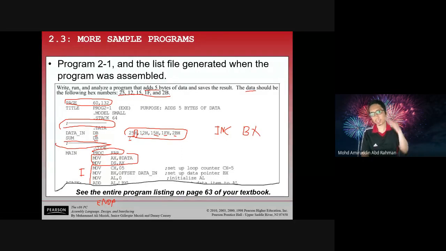We increment this bx 1 by 1, until 5 times. Because we want to add that into the 5 bytes of data, so we run that for 5 times. And then after that we increment bx.